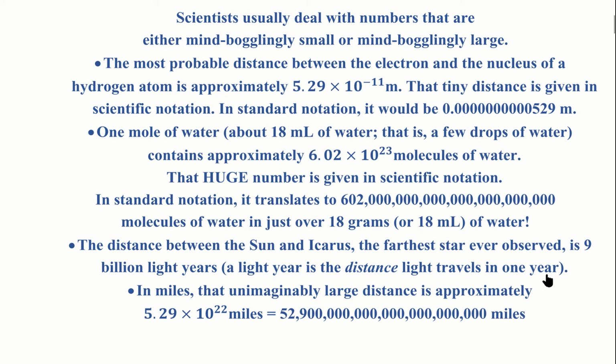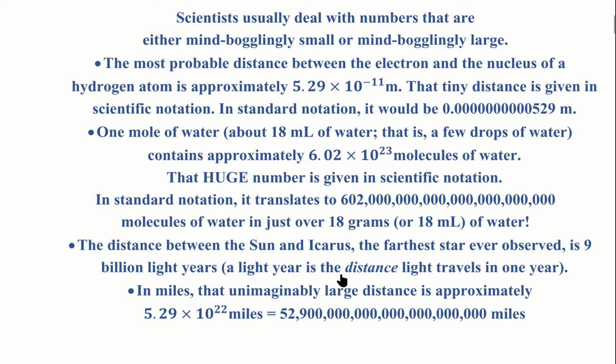Well, the point is that there's nothing in this universe that travels faster than light. Light is the fastest entity that we know. And if you count this in miles, this large distance is approximately 5.29 times 10 to the 22 miles.